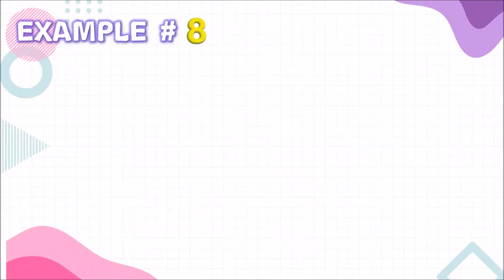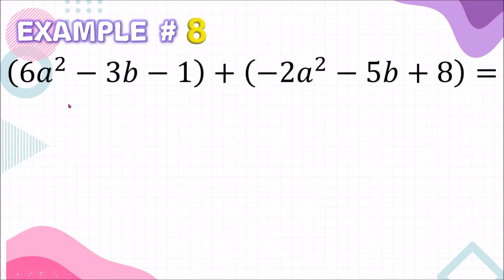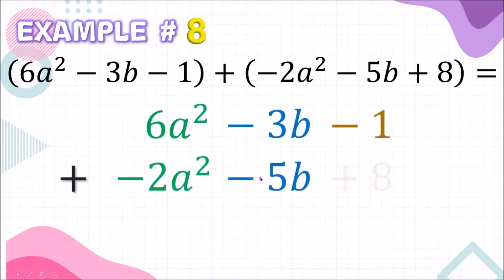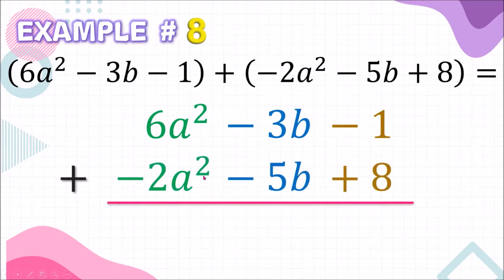Last example, number 8. We have the quantity 6a squared minus 3b minus 1 plus the quantity negative 2a squared minus 5b plus 8. So combining similar terms, we have here 6a squared plus negative 2a squared.